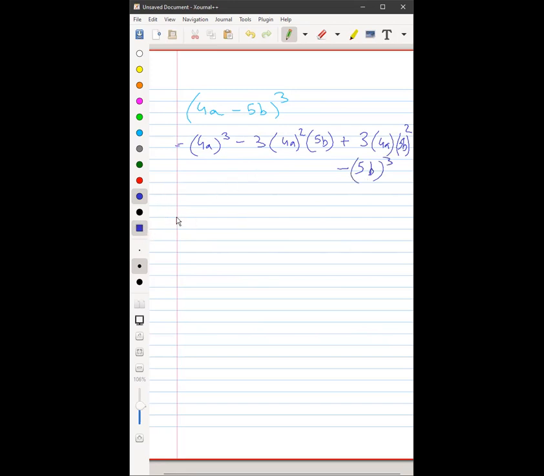Which will be 64A cube minus 3 into 16A square. So 3 into 16 will be 48, 48 into 5, 240 A square B, plus. So 5 square is 25, 25 into 4 is 100, 100 into 3 is 300 AB square, minus 125 B cube.